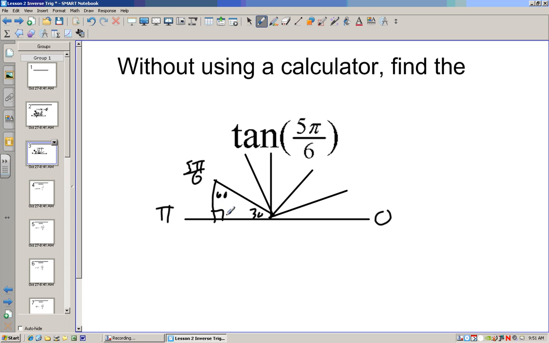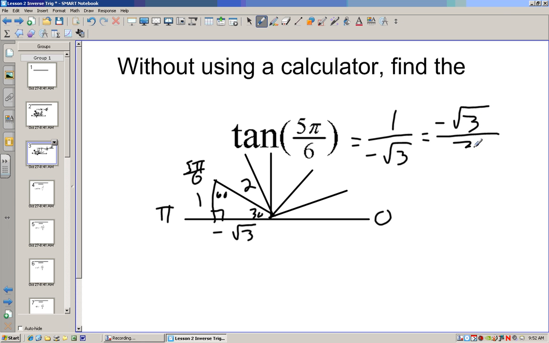So this is another 30, 60, 90. Now for tangent, I like to use 1, 2, root 3, because then it's a little bit easier dealing with whole numbers or non-fractions. So this would be the opposite, which is 1 over negative root 3. And if I rationalize that, that would be negative root 3 over 3.